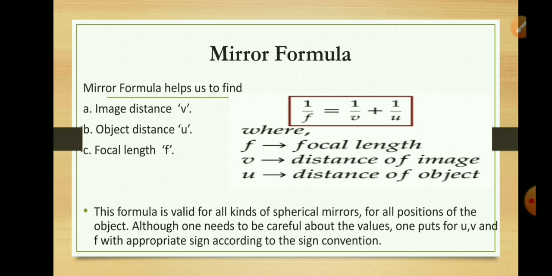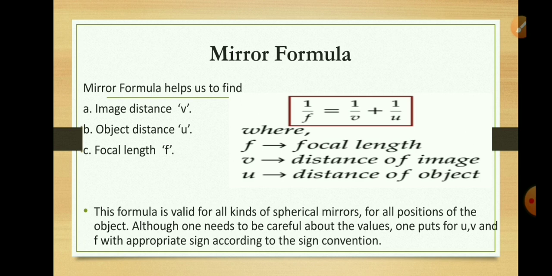We denote it by small letter v. Then object distance, the distance of object from the pole, we denote by small letter u. Focal length, the distance between pole and principal focus, we denote by small letter f.